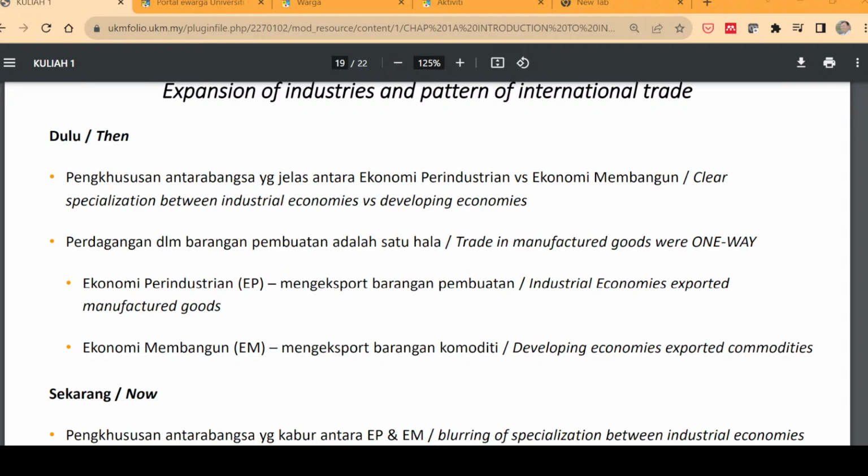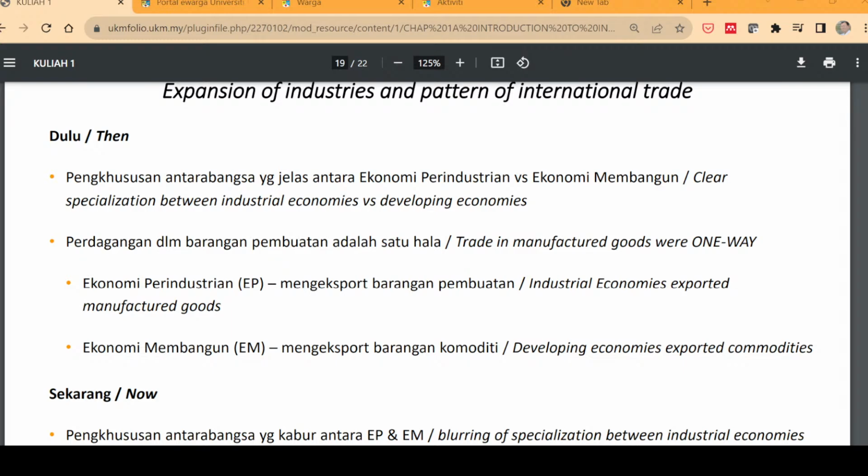From developed countries going to developing countries. In order to buy manufactured goods from developed countries, developing countries must export commodities.